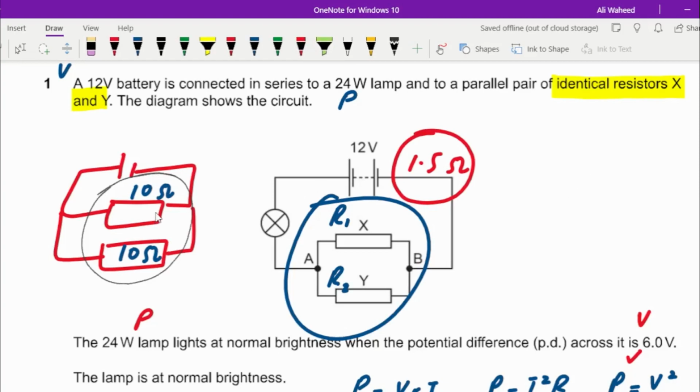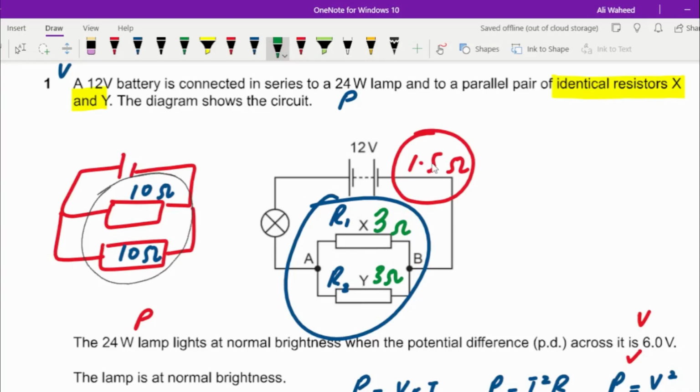Now here in the question, we're going the reverse way. We are provided with the total resistance, which is 1.5, but we need to find the individual resistance. In this situation, what should the individual resistance have been? If you have 3 ohm here and 3 ohm here, only then the total resistance of these two resistors connected in parallel would be 1.5. There's no other way.